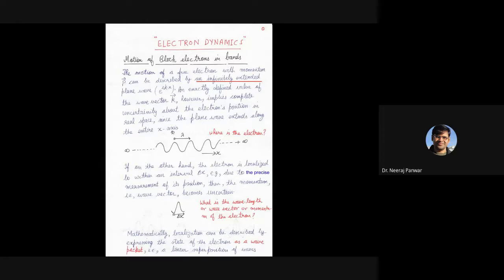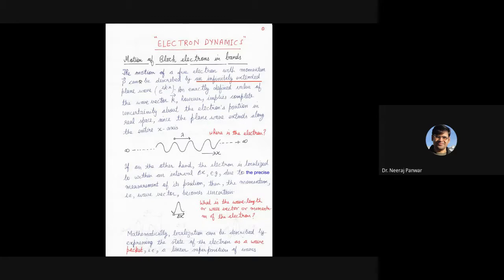So if we very precisely have the knowledge of the wavelength of the electron, then we can very precisely predict the momentum of the electron. But we ask a question: where is the electron? The wave that represents the electron extends from minus infinity to plus infinity.